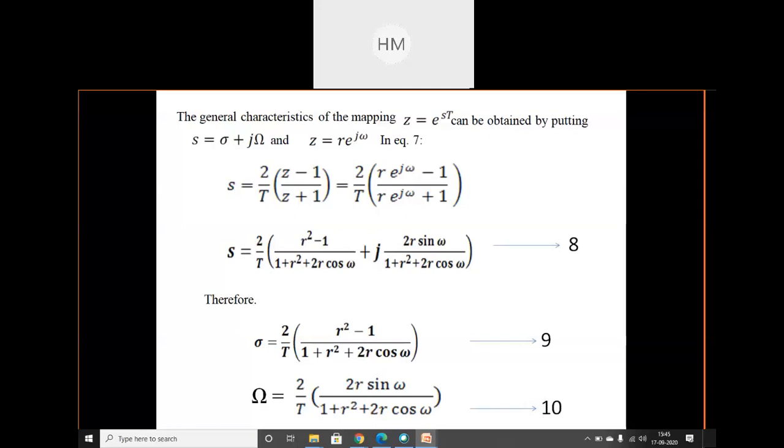And simplifying it, we will get equation number 8. Write down equation number 8. Now here what we did, we split the terms in terms of real and imaginary.